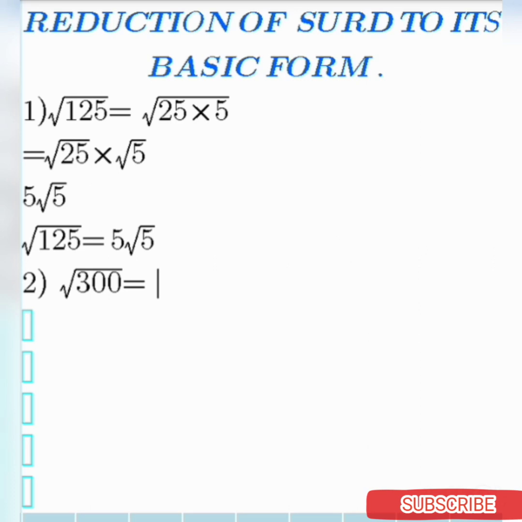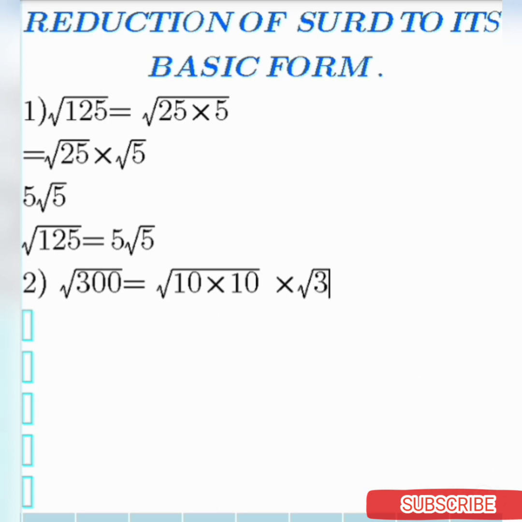And what perfect square are we talking about? Let's use root 10 times root 10. 10 times 10 gives you 100. And what are you going to multiply it by that will give you 300? The only thing you multiply it by that will give you 300 is 3. So we have root 100 times root 3.